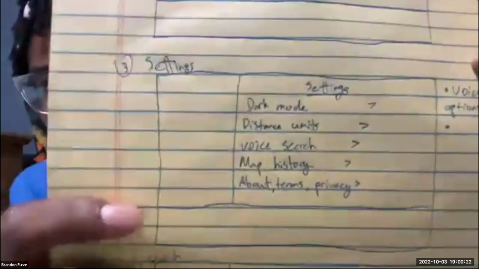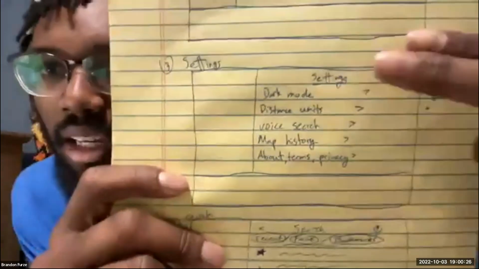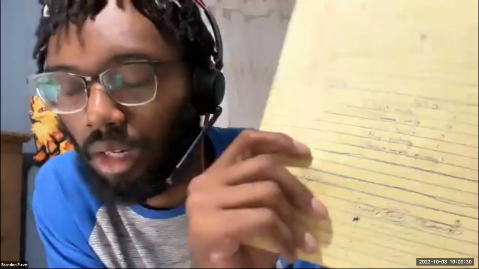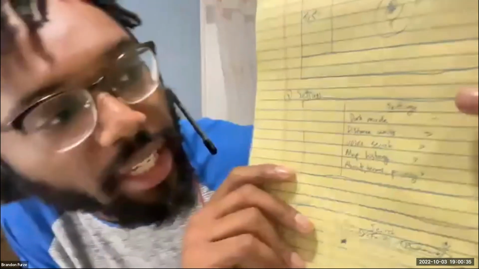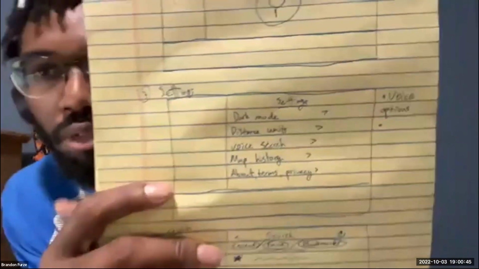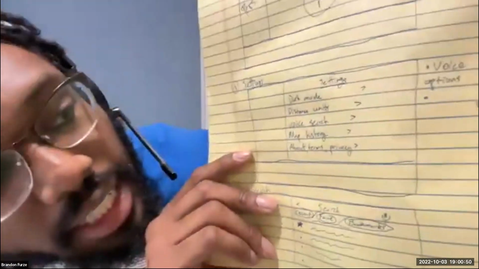Next was a short markup of the settings mode. I could have done a better job of splitting the different sections up, but for example, dark mode, distance units, if miles or kilometers, voice selections, if you'd like a male voice, female voice, different accents, and then map history.